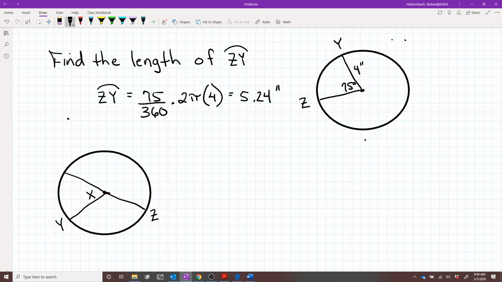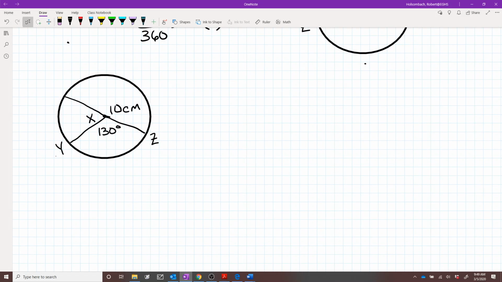In this second example, here's your given information. When you're given this dimension right by the center of the circle, or right next to a segment going through the circle, it's representing the diameter. This 10 centimeters, right in the middle, represents the diameter, and your radius is half of that.